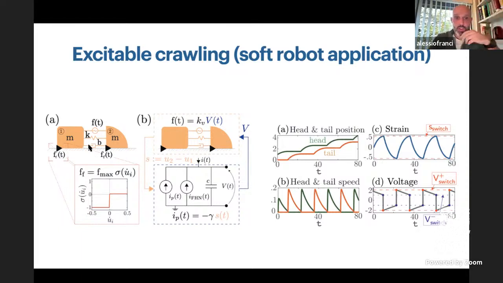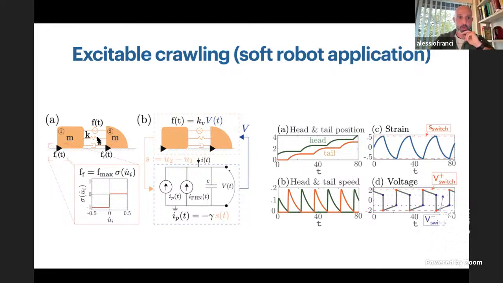So essentially, a crawler is just a spring with a damper and two masses and some nonlinear friction on the two masses, in such a way that when the spring expands, the head moves forward, but the tail remains still.